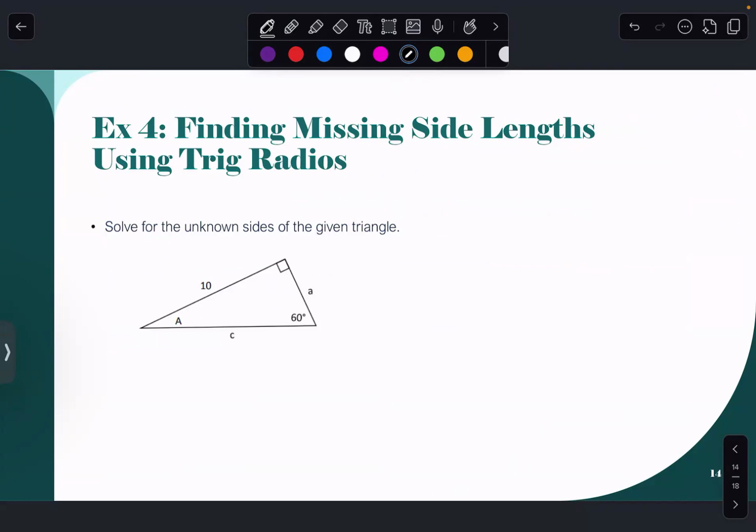We know that this is a right triangle. It's flipped, so we have to be careful when we look at our sides, but c will still be the hypotenuse. And since this is my angle here, 10 is going to be the opposite. And a will be, we can use that one as our adjacent.